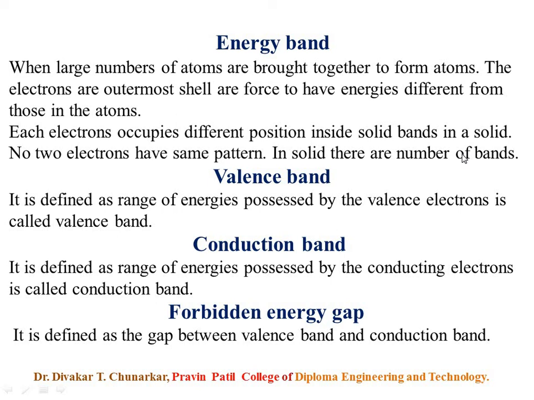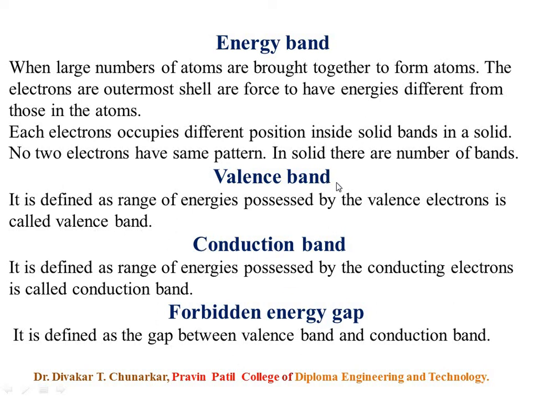Any substance, whether solid, liquid or gas, is made up of molecules, and molecules are made up of atoms. This is the important statement. In an energy band there are two bands, the valency band and the conduction band.